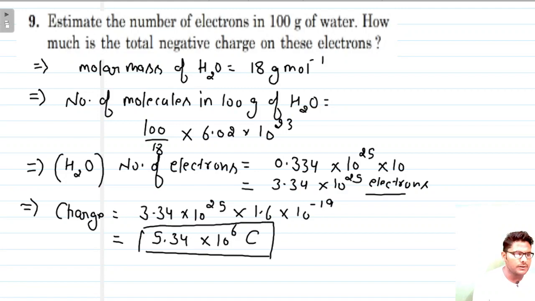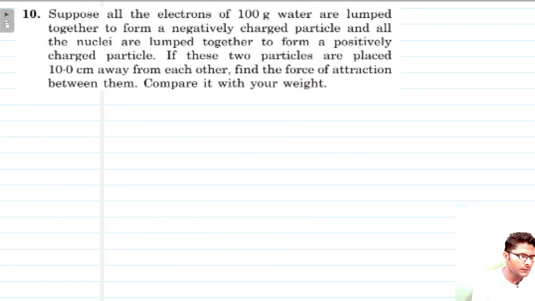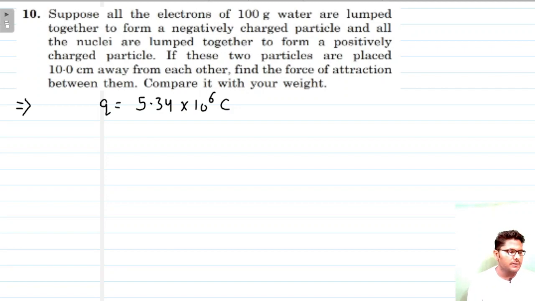Moving on to the next question. Suppose all the electrons in the last charge are clumped together and all the nuclei are clumped together. So it means the charge is, from the last question, 5.34 into 10 raised to power 6 coulomb. If these two charges are placed 10 centimeters apart, what will be the force between them?